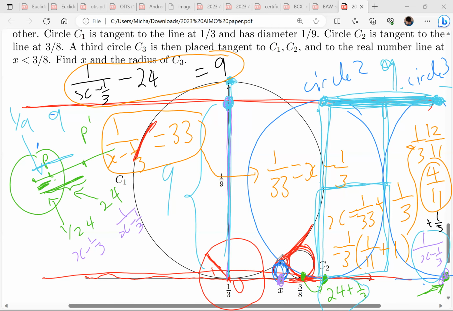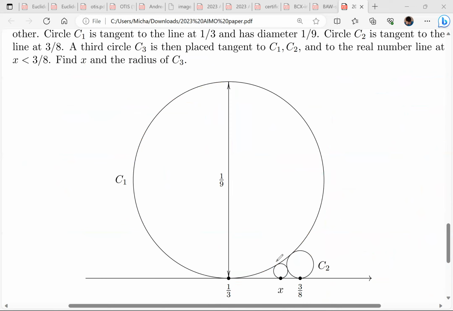So let me just do that quickly. If you know what x is and you want to find the radius, let's call the radius r. We actually had an equation already. We could do pretty much any of the triangles, yeah? For example, this triangle.